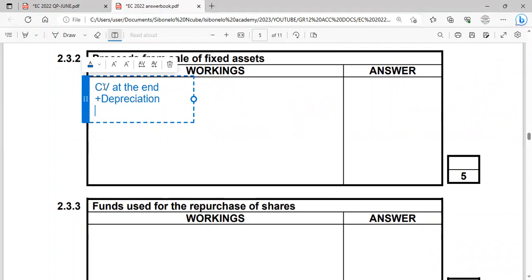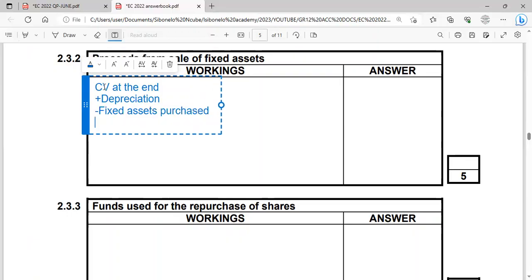So you add the depreciation, you subtract the fixed assets purchased during the year, and again you subtract the carrying value of fixed assets at the beginning.